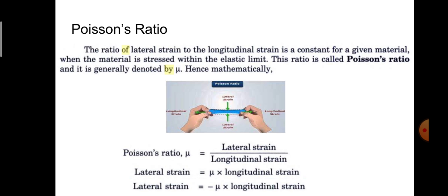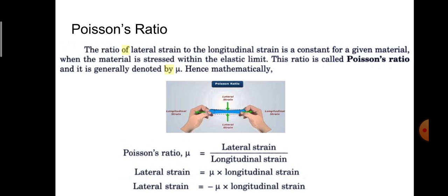This phenomenon gives rise to the terminology called Poisson's ratio. Therefore Poisson's ratio mu is equal to lateral strain to longitudinal strain. It is the ratio of transverse strain to the longitudinal strain in the direction of stretching of the force, and this is the stress and strain relation generated with the application of force on the body.